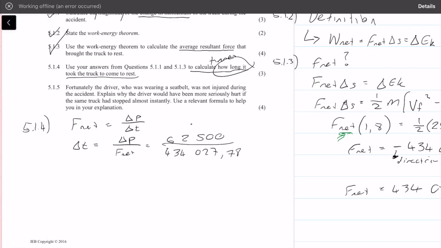And change in T is, as we can see, the only unknown, so the time taken is going to be equal to 0.14 seconds. And that's the final answer.